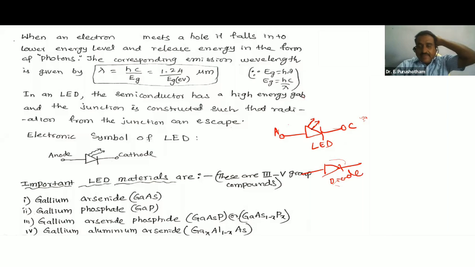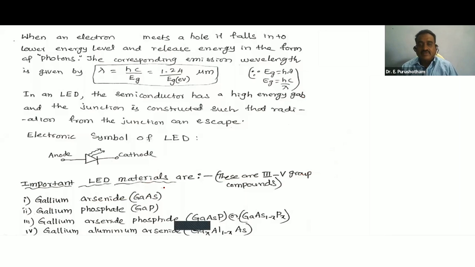Important LED materials. So you can see here LED materials, gallium arsenide, GaAs. You observe clearly here third group and fifth group compounds. These LED materials are third group and fifth group elements. What are third group elements? Aluminium, gallium, indium, thallium.